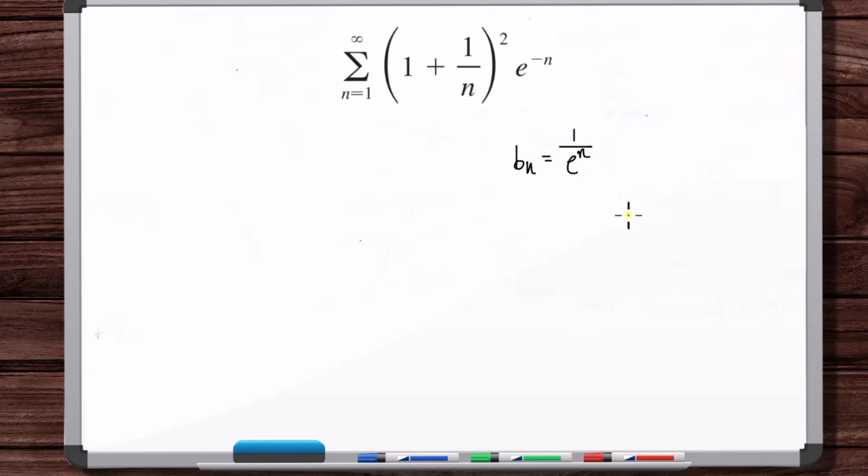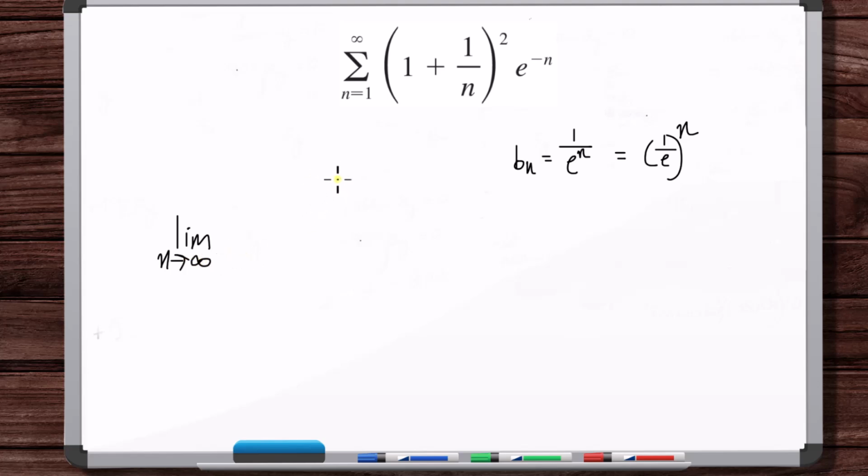And that's great because when we take the limit as n approaches infinity of a sub n divided by b sub n, that's going to go to 1. The only caveat is we have to know whether this converges or diverges. Well, this is a geometric sequence where the r is less than 1. So this converges.